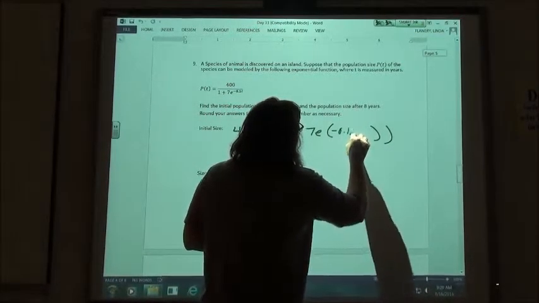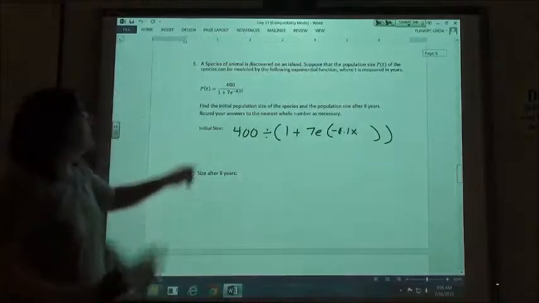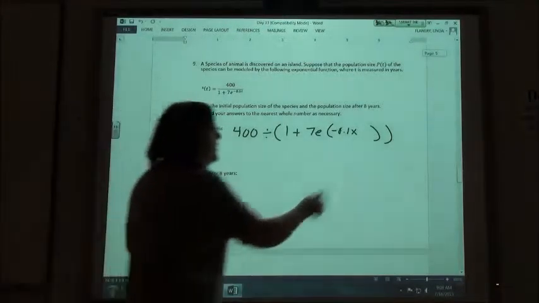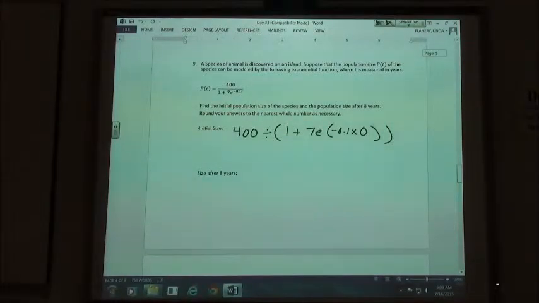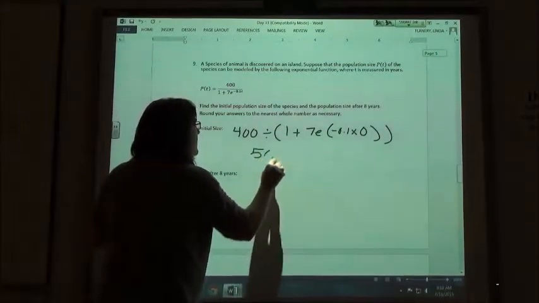Negative 0.1 times our time, since the initial size, time is 0. So 50 is our initial population size.